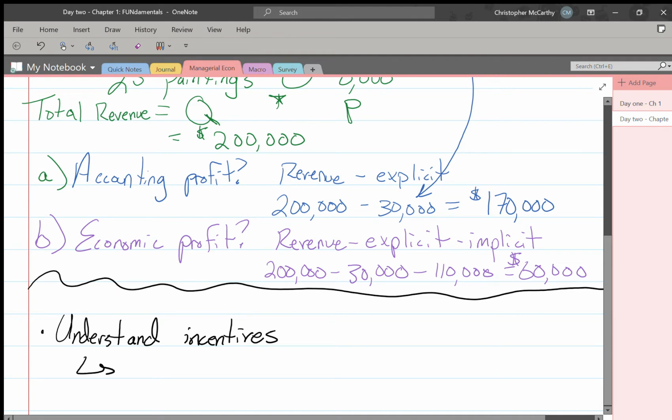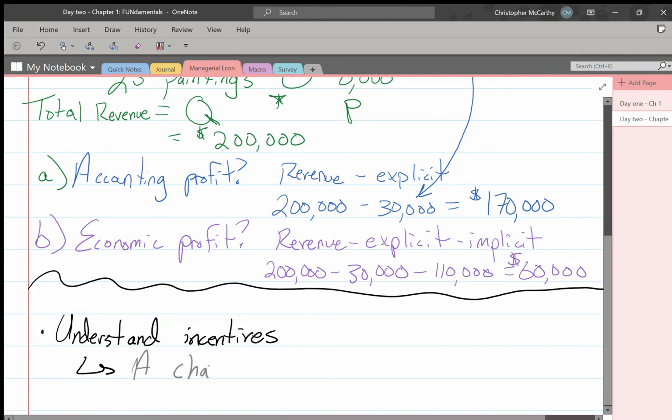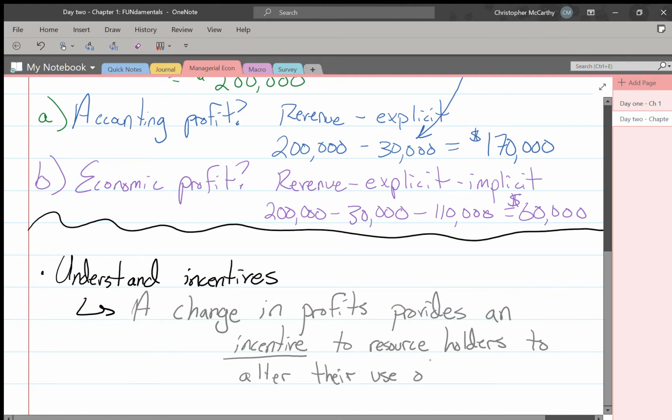And so relating to those profits, a change in profits provides an incentive to resource holders or stakeholders, you might hear them called stakeholders as well, to alter their production process, their use of resources.